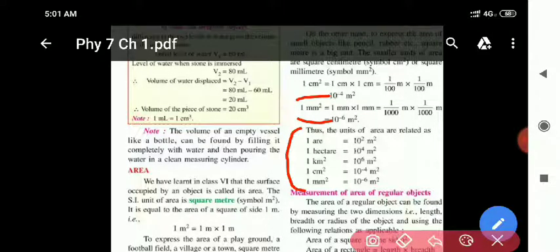Square meter is written like this, showing how they are related to the different bigger or smaller units. 1 acre equals 10 square meter square. 1 hectare equals 10 raised to power 4 meter square. 1 kilometer square equals 10 raised to power 6 meter square. Like this, we can learn the different units and different relations.